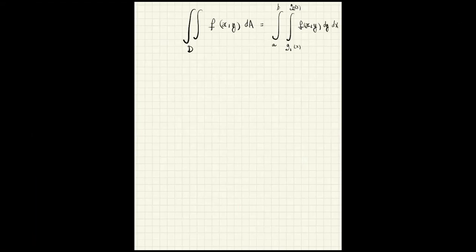It makes sense because you fix x, integrate over y, and whatever you get, you integrate over x. I know maybe it's the first time you're going to see this, but you need an example.